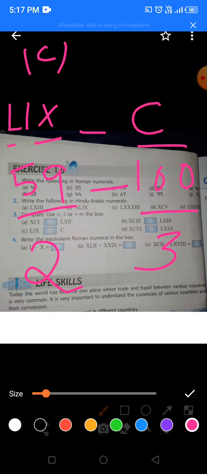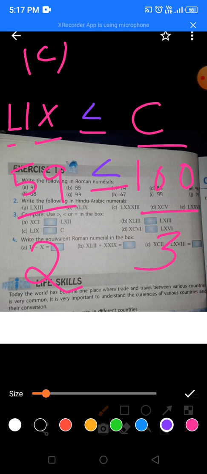So this is 100. Now this is a 3-digit number, and this is a 2-digit number. You all know by heart that a 3-digit number is always greater than a 2-digit number, and a 2-digit number will always be smaller than a 3-digit number. So automatically the sign will be this, and here also this.